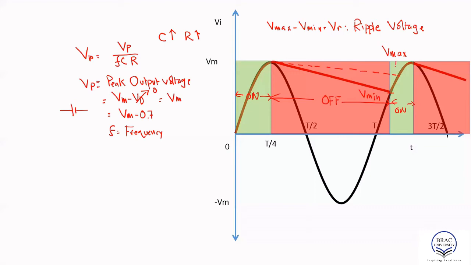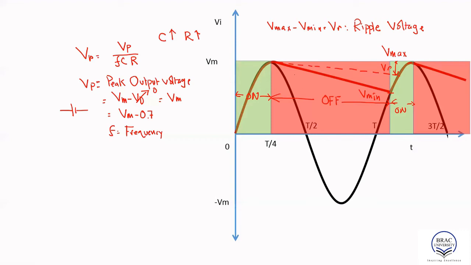So correspondingly, ripple voltage VR will be smaller. That also agrees with our mathematical expression: if C is bigger, VR is smaller, and if R is bigger, VR is smaller. So by changing the value of R and C, we can minimize the ripple voltage. However, we still have ripple voltage.